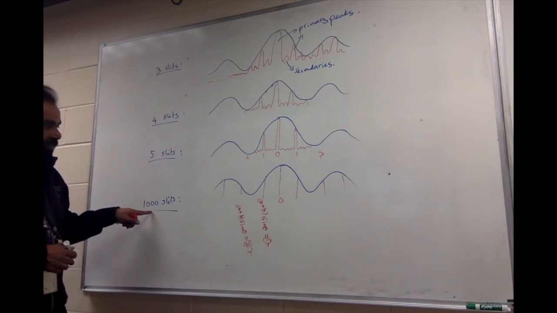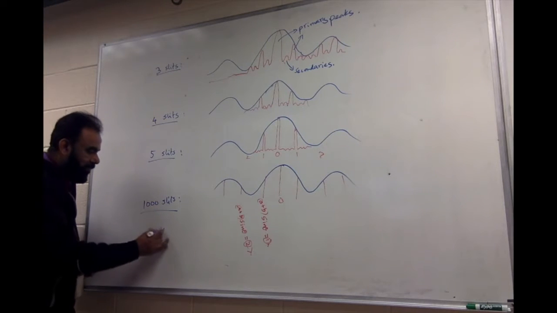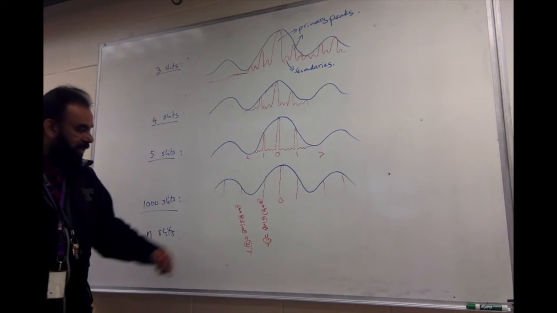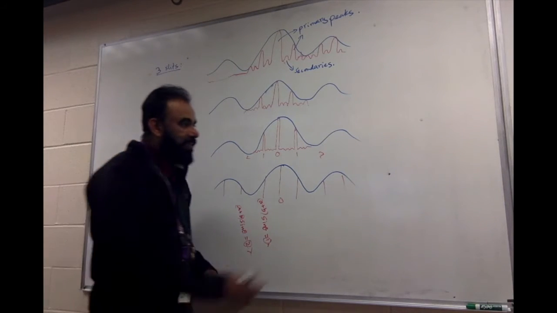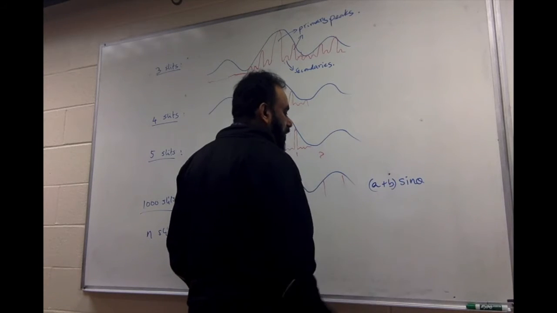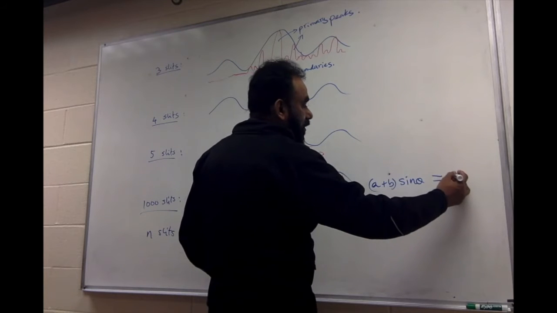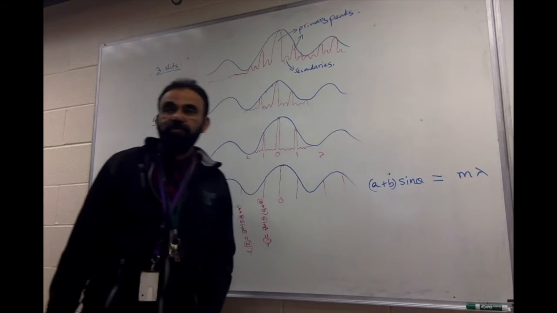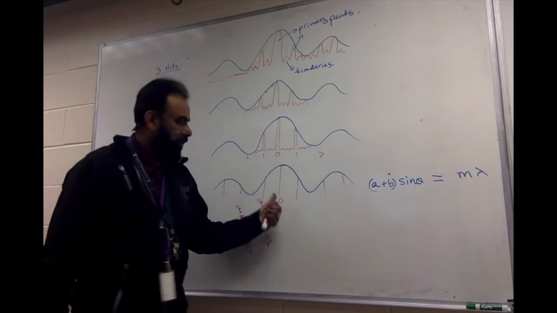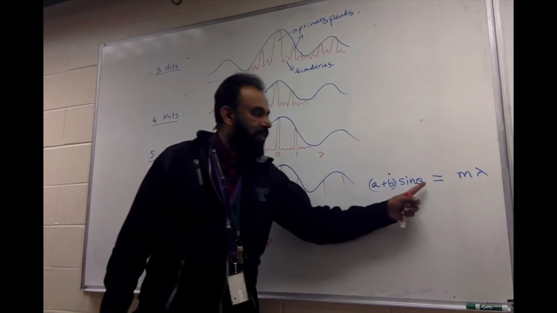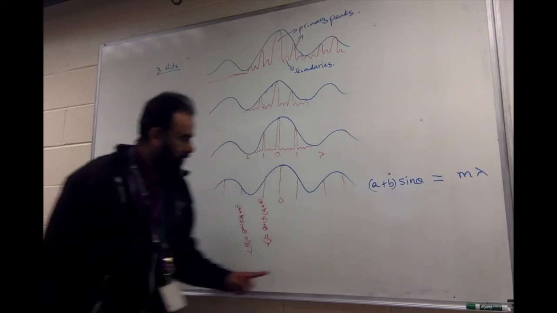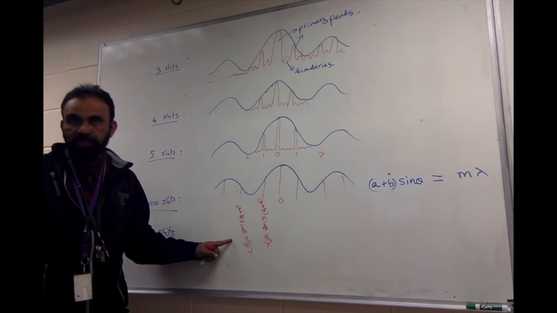So if you're using n slits, a plus b sine theta is equal to whatever order you're talking about, so m lambda. m stands for the order. If m is 0, you're talking about this equation. If m is 1, you're talking about this one. If m is 2, you're talking about the second order.